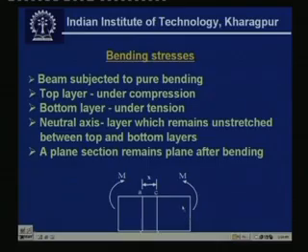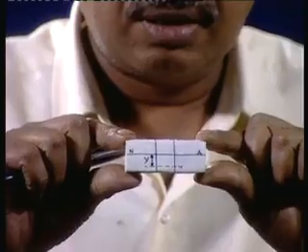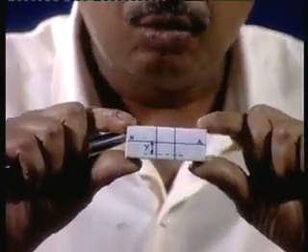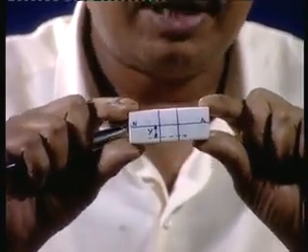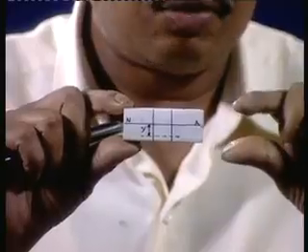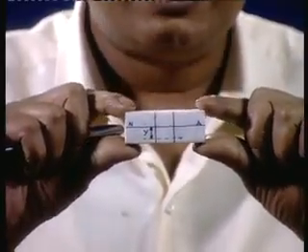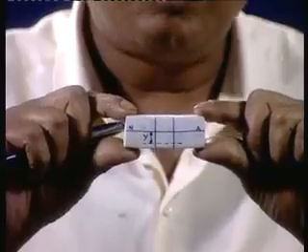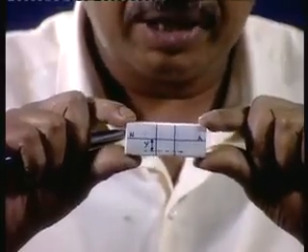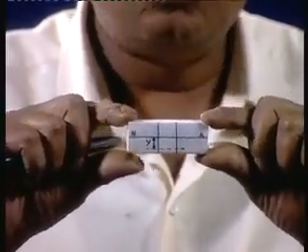Now, I will show you with the help of one small rubber model how bending takes place. This is a simple rubber which you can consider to be a beam segment, and my two hands, one on this side and another on this side, are applying approximately a uniform, equal bending moment at the two ends.